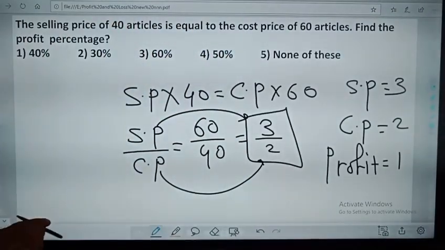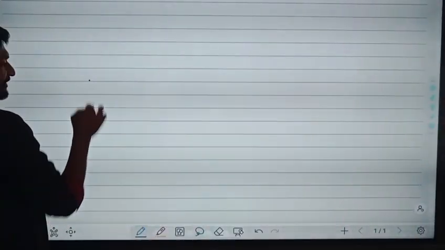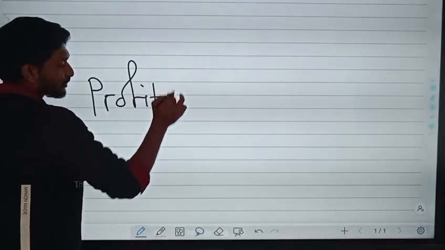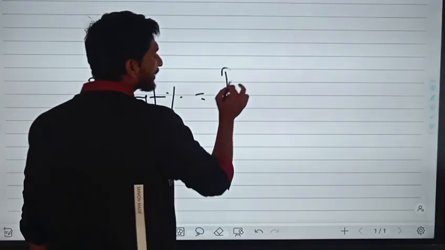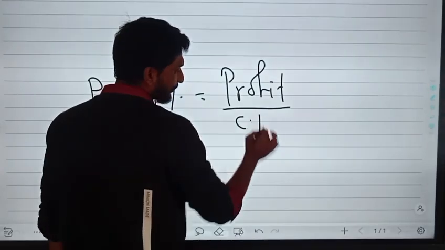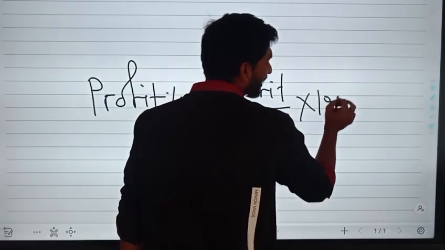Now here we find the profit percent. Profit percent is equal to profit upon cost price into 100%.